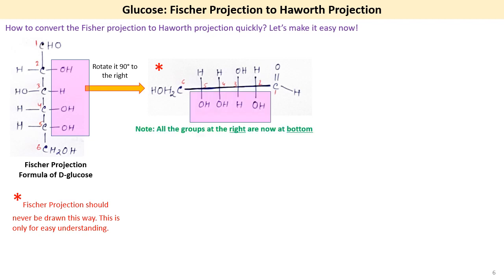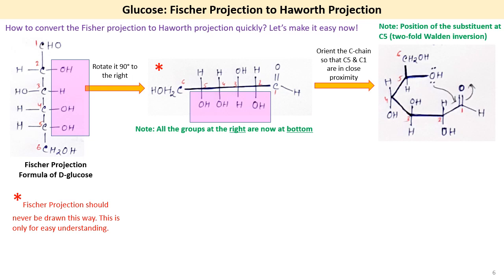Okay. Now note that all the groups at the right in the Fisher projection formula, the common Fisher projection formula, are now at the bottom, right? Now orient the carbon chain so that C5 and C1 are in close proximity, and also it will lead to formation of a 6-membered ring. Okay, so you can draw it this way.